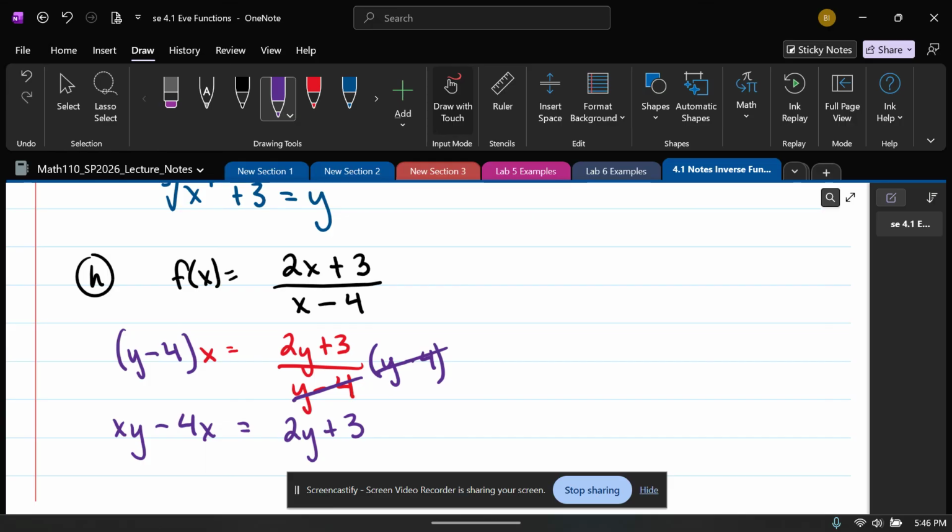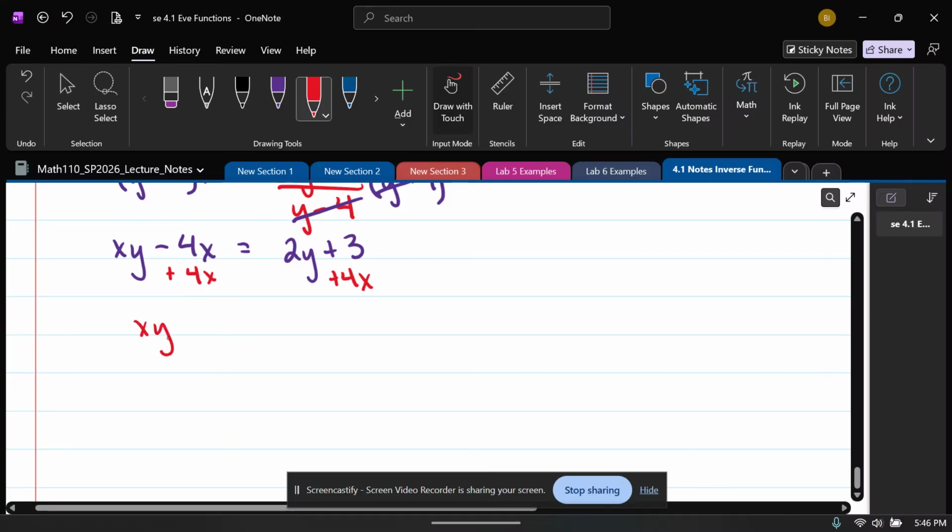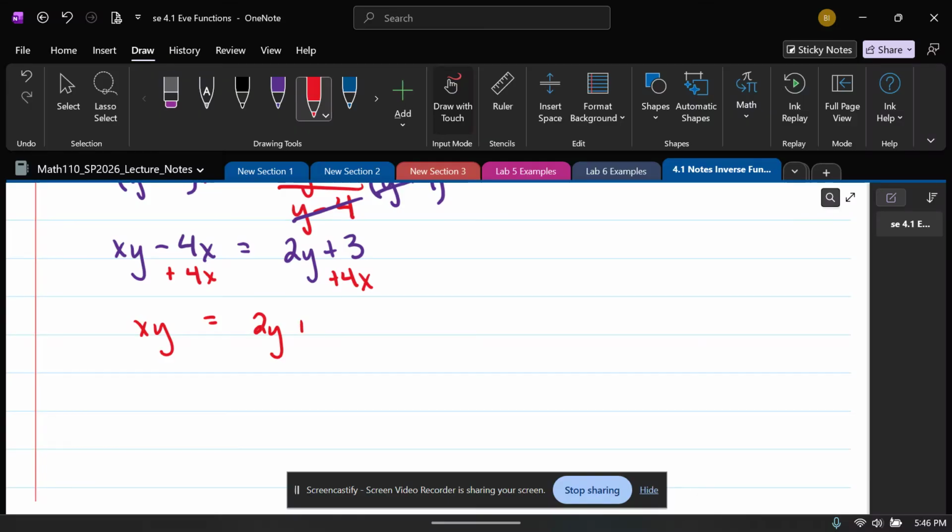So I'm going to move the 4x, and then I'll move the 2y. I'm going to move the 4x by addition. That'd be xy equals 2y plus 4x plus 3.